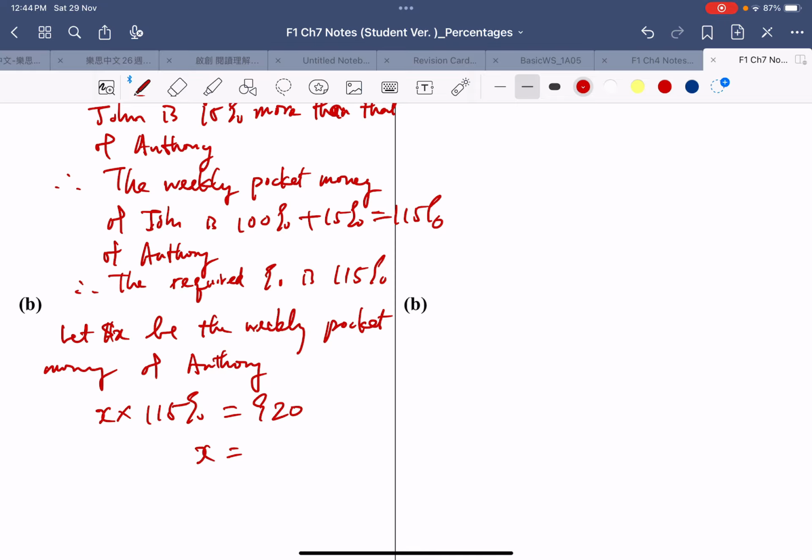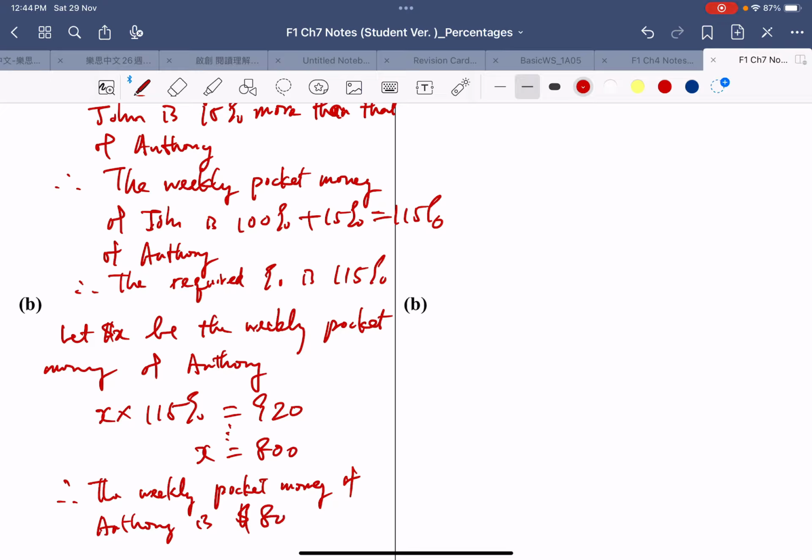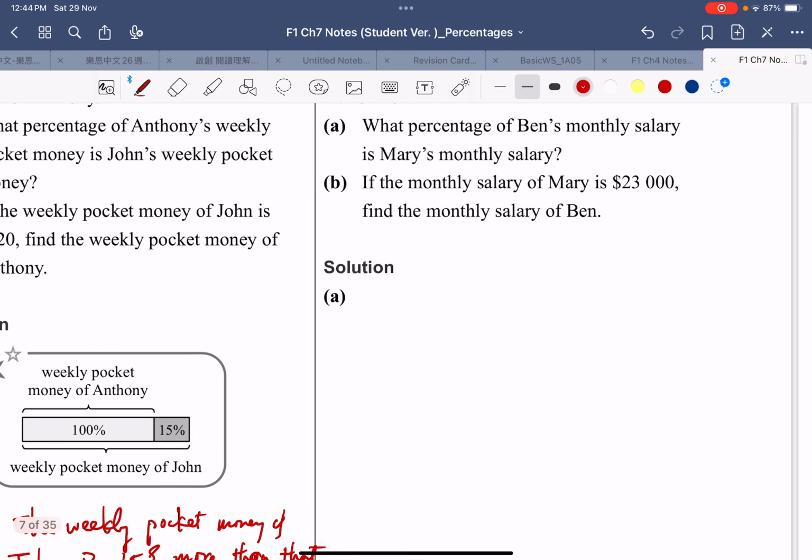Let's be quick, solve for X. Okay, 800. You can write the steps by yourself. And then the conclusion: the weekly pocket money of Anthony is $800. Now it's your turn to calculate the next part here.